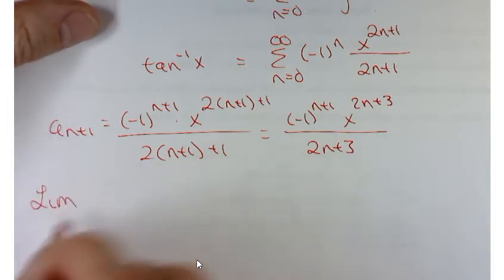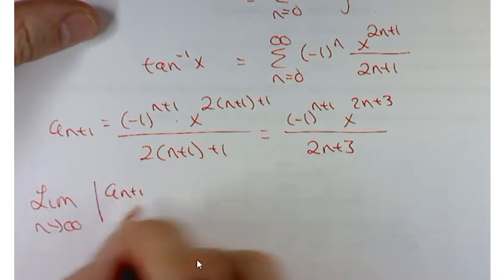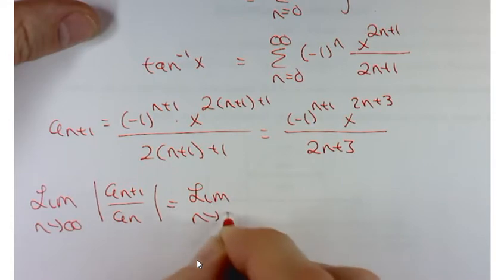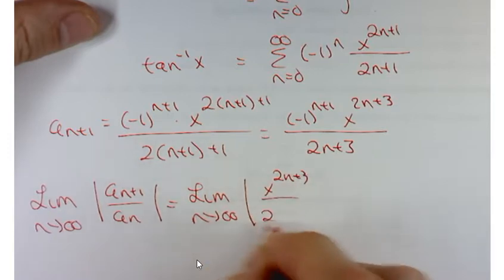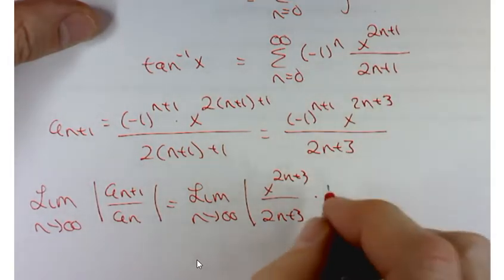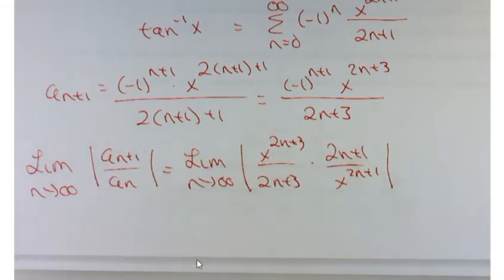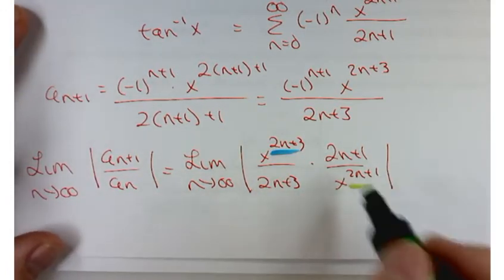The limit as n approaches infinity of a sub n plus 1 over a sub n is going to be the limit as n approaches infinity of x to the 2n plus 3 over 2n plus 3, ignoring the negative 1s here, times the reciprocal of this term, 2n plus 1 over x to the 2n plus 1. The difference in these exponents is 2.